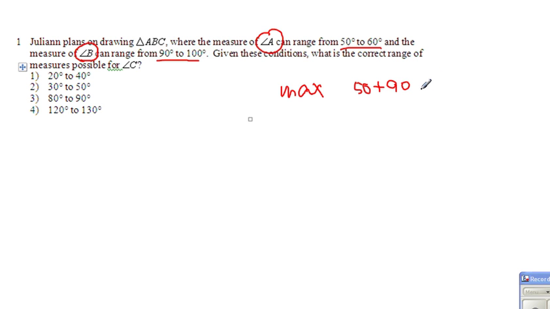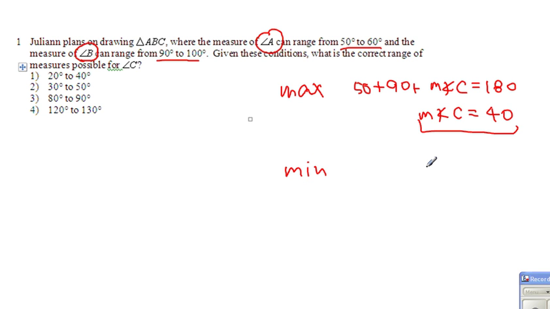Then we realize that these plus the measure of angle C would be equal to 180. When you subtract 140, the sum of these two, from each side, angle C will be equal to 40. On the other hand, for the minimum, the other two angles are as large as possible.